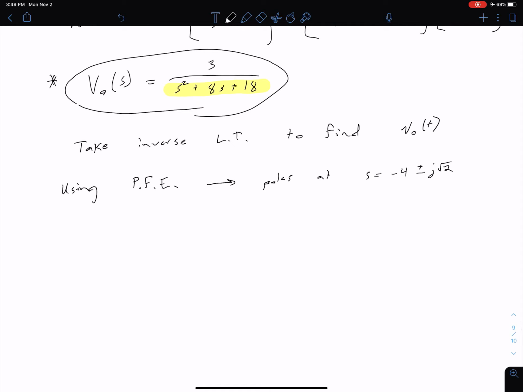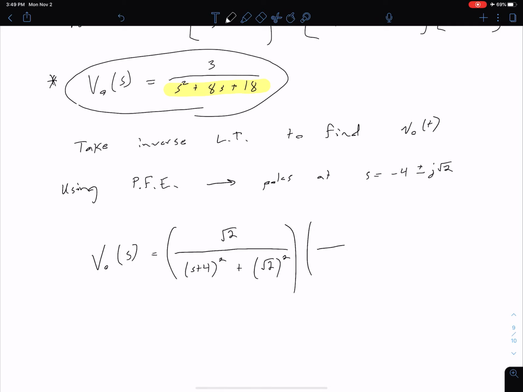If you bear with me for a second, we could say that this V naught of S is equal to 3, and I could have S plus 4 squared plus the square root of 2 squared in the denominator, or sorry, the numerator, I'm going to put a square root of 2, and to account for that, I'm going to divide by a square root of 2 over here, and I'm going to keep this 3 that we had initially.